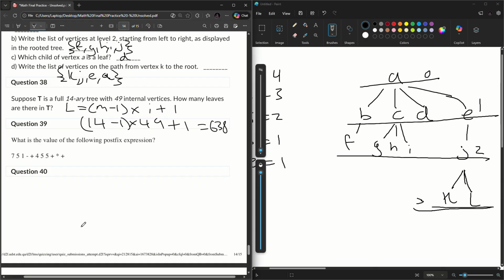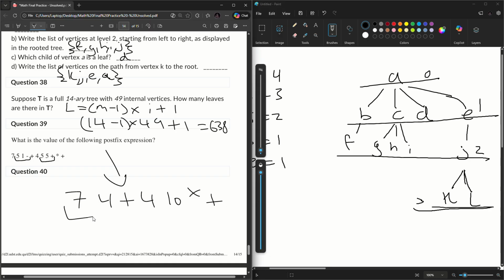So this will be done in the area of 40. So look, you can see here 5 1 minus, and then 5 5 plus. Right. So let's start with that. So 7 5 minus 1 4 plus 4 10, multiplied plus.